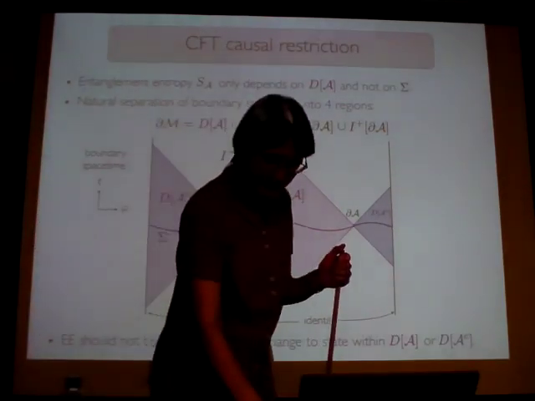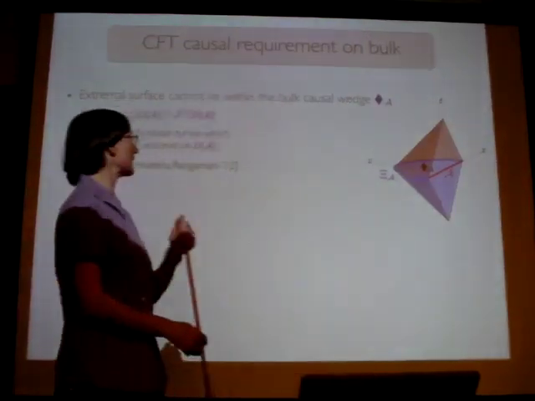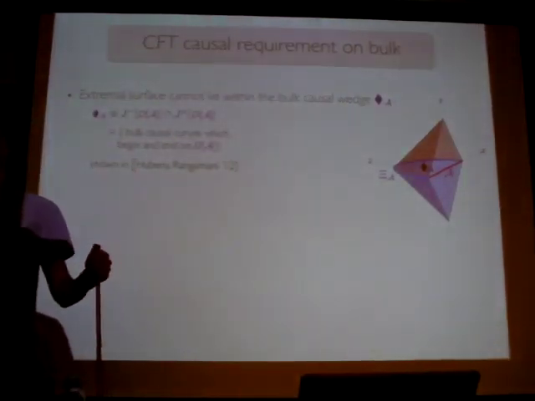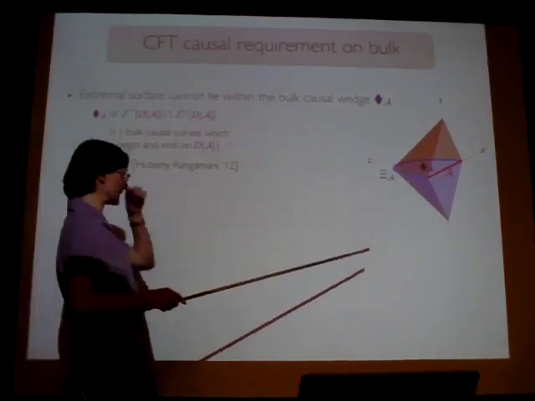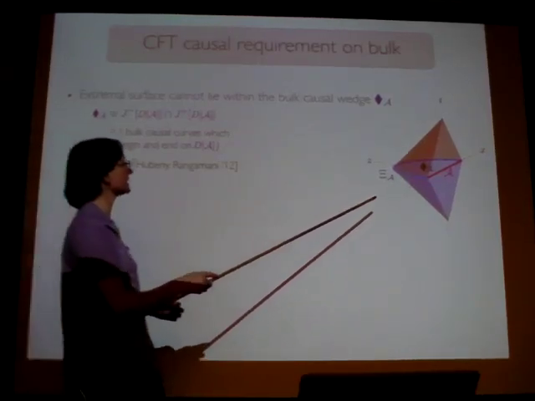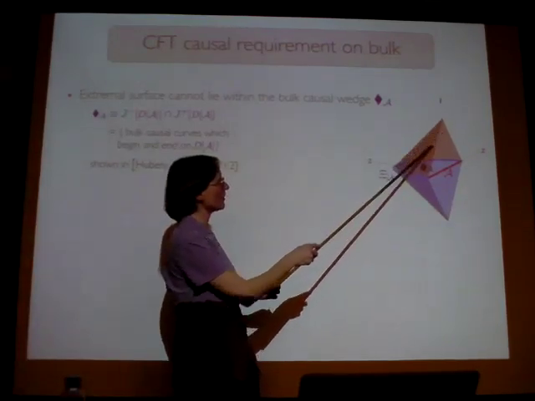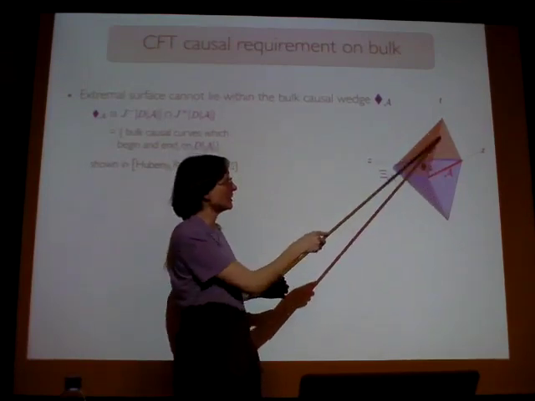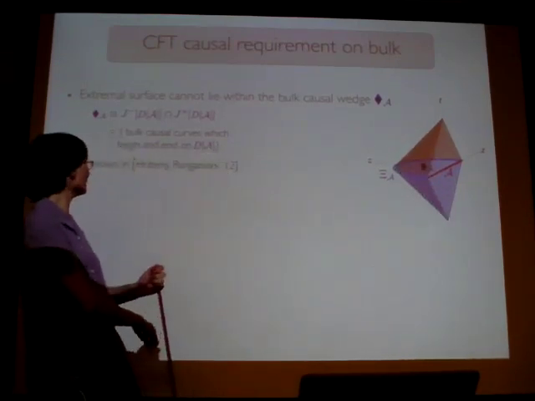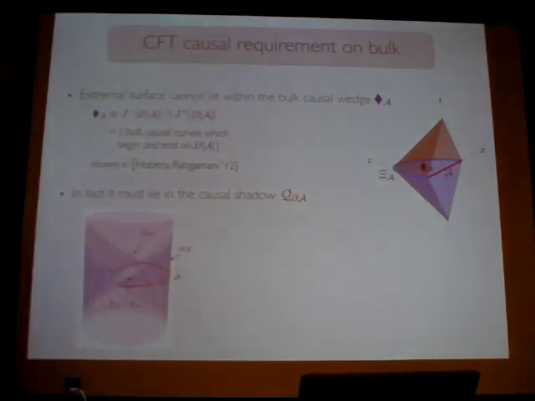Now in the bulk, you might want to ask, is the extremal surface actually consistent with that? First of all, we have shown that it has to be outside of the causal wedge. The causal wedge is the set of points which are causally connected both through past and future to the domain of dependence of this region. But it has to do more than that.